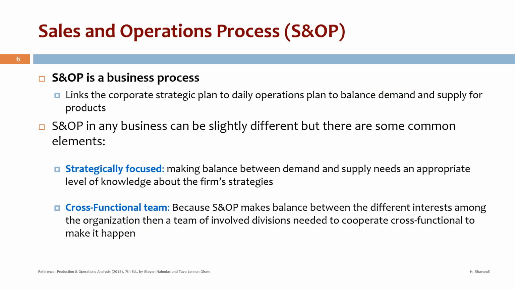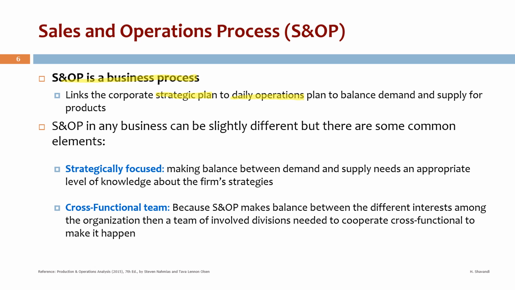So here the aggregate planning is also called sales and operations process. So S&OP, I mean sales and operations process, is a business process, right? So yeah, here we are talking about combining the strategic plan that we have for the firm for long term and daily operations.